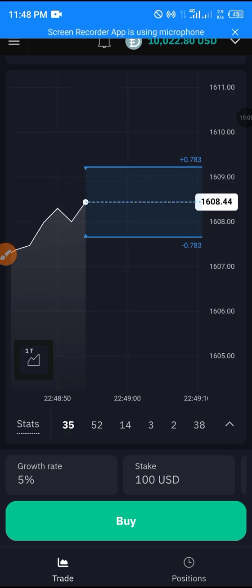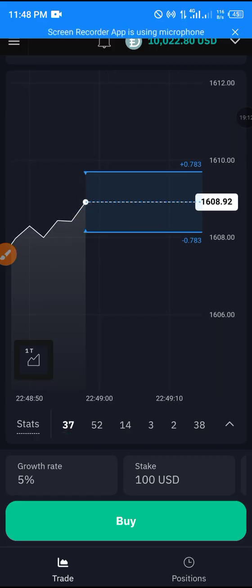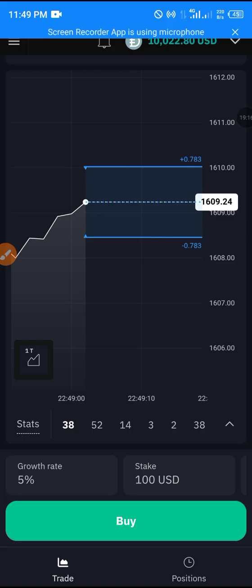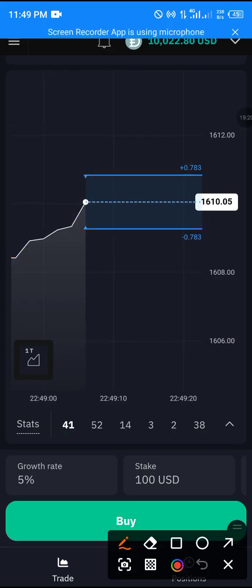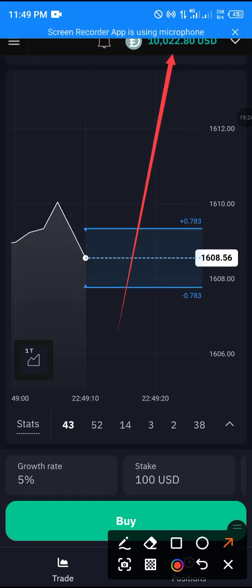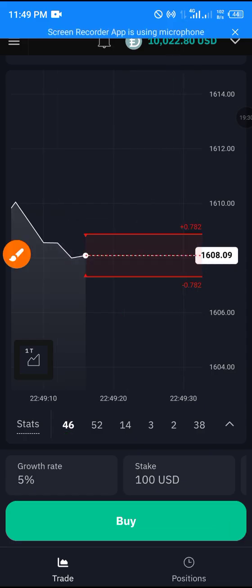So right now, just within some minutes, I've made 20 USD. Remember, it's 10 point something, so I've made $22.80. If you look at my balance here, remember this is demo. Look at it, 22.80. So that is the fact about this accumulator.